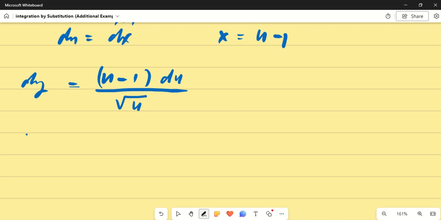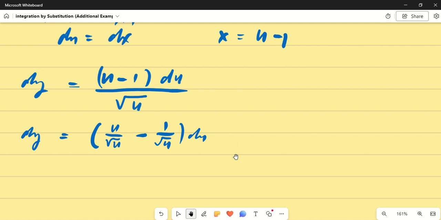We have here your dy, and this is equal to your u over square root of u. We separate first the fractions, u over square root of u minus 1 over square root of u, and then you have here your du.